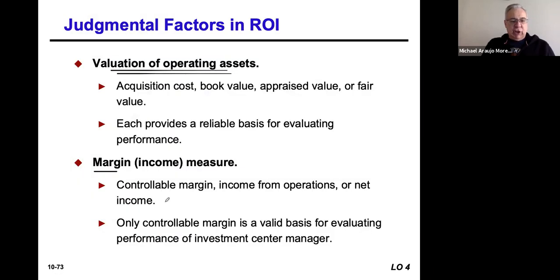In most cases, controllable margin is used. You can also use net income or income profit from operations. However, if you're only going to look at an investment center manager, you can only use controllable margin to evaluate.